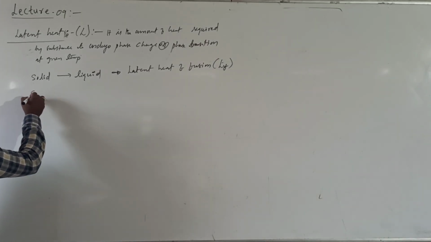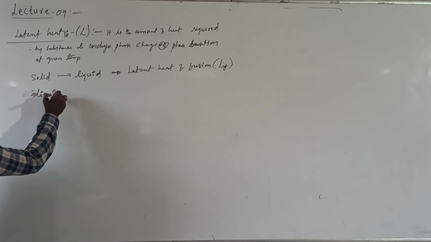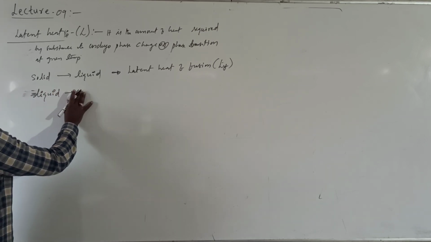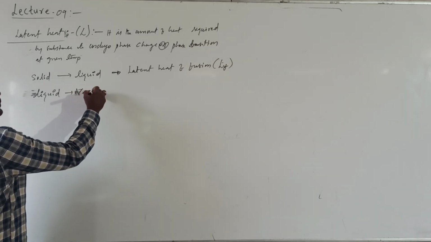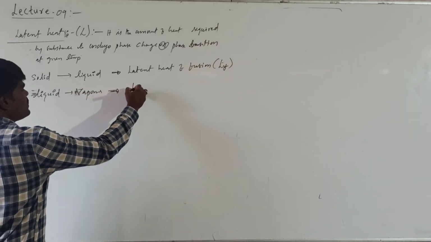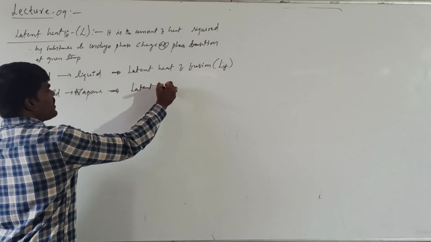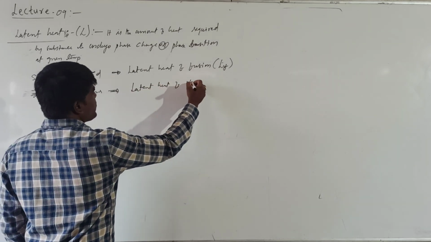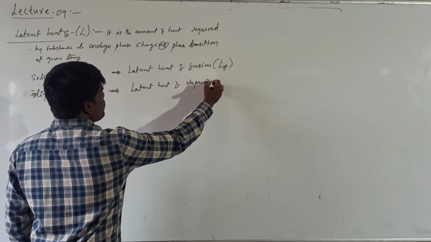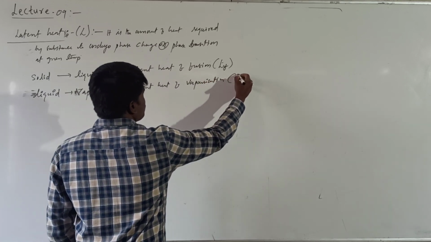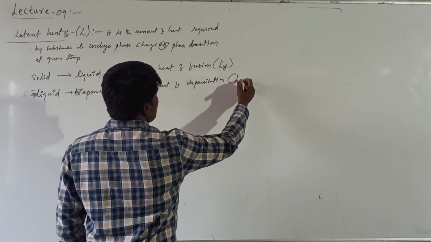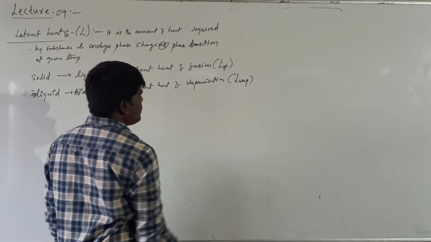Suppose a substance is undergoing a phase change from liquid to vapor. It is called latent heat of vaporization, denoted with L vapor.